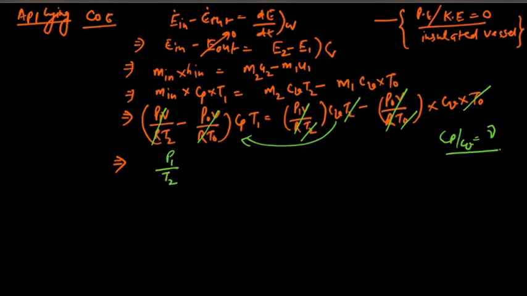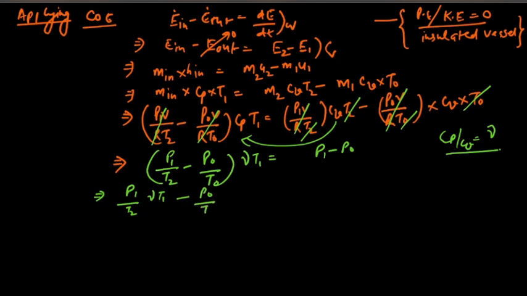P1 upon T2 minus P0 upon T0, into gamma T1, equals P1 minus P0. Therefore, P1 upon T2 times gamma T1 minus P0 upon T0 into gamma T1 equals P1 minus P0. We have to find out T2, that is the final temperature in the pressure vessel.